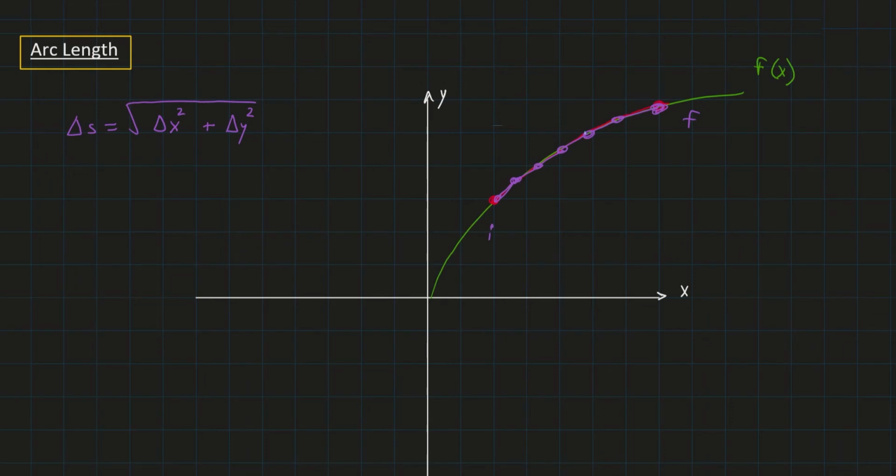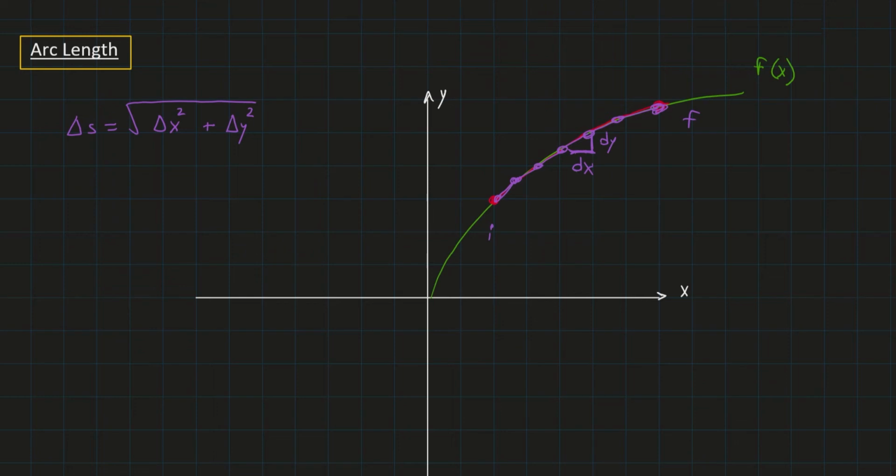Now I can keep going with that idea. I can keep making each one of these little distances smaller and smaller and smaller, such that there are even more and more and more of them along this length. And when I make each one of these distances very, very small, what that does is it makes my delta x become a dx and my delta y become a dy.